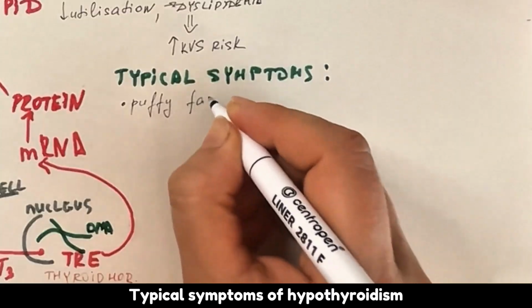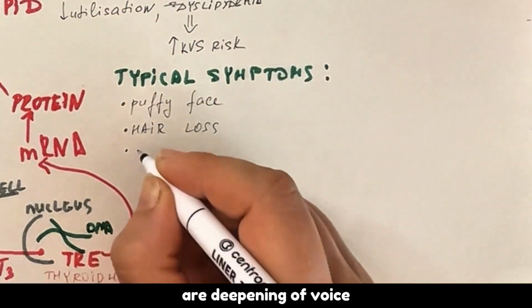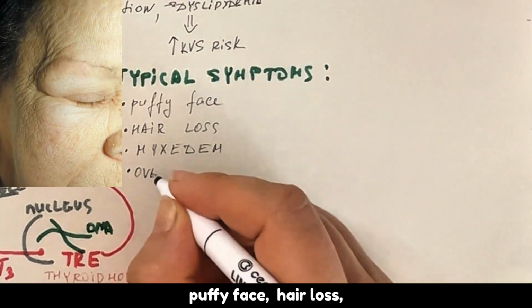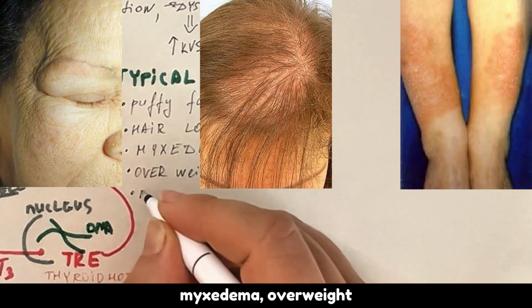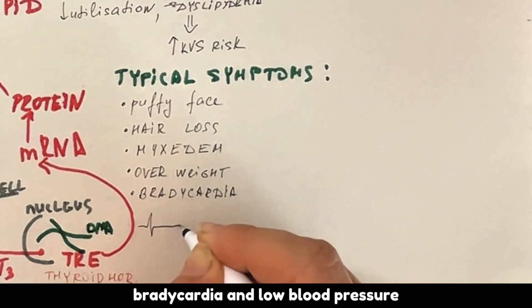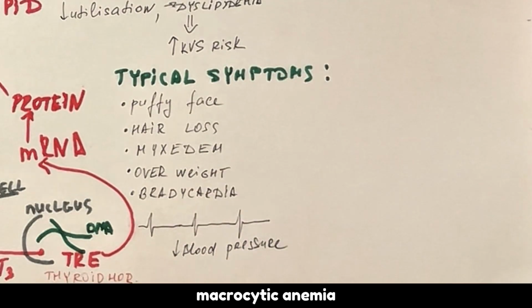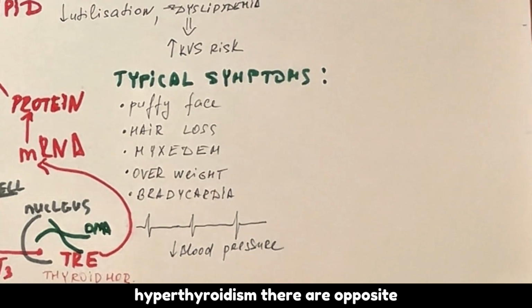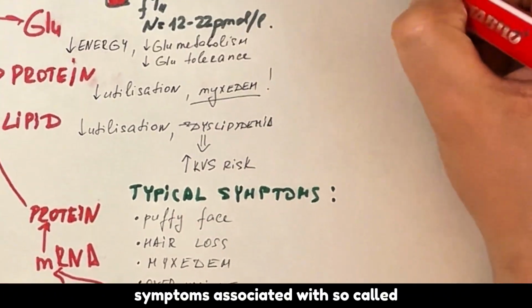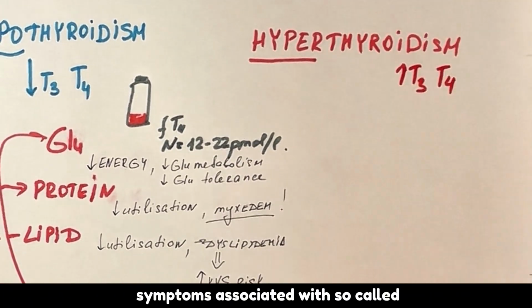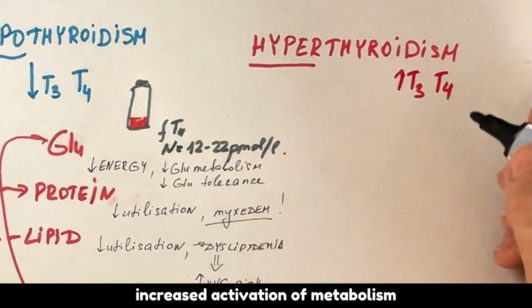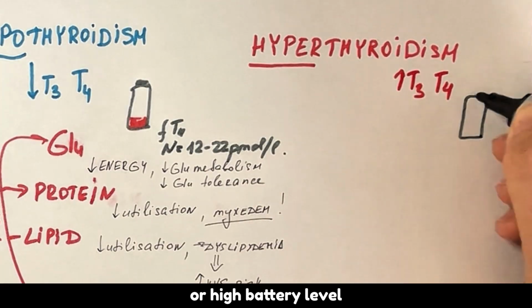Typical symptoms of hypothyroidism are deepening of voice, puffy face, hair loss, myxedema, overweight, bradycardia and low blood pressure, and microcytic anemia. In hyperthyroidism, there are opposite symptoms associated with so-called increased activation of metabolism, or a high battery level.